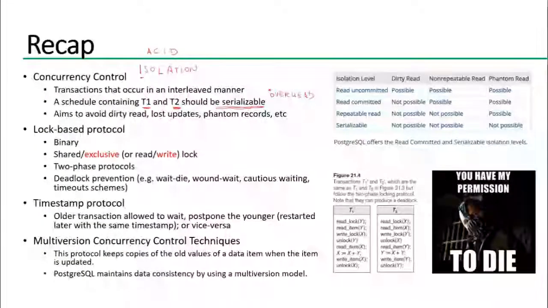An alternative to running transactions in a serializable way is running them in an interleaved manner. What does interleaved mean? It means that you run some operations of T1 or T2, it doesn't matter. You run some operations of one transaction, then you interrupt and run other operations of another transaction, then you interrupt and go back to the other transaction.